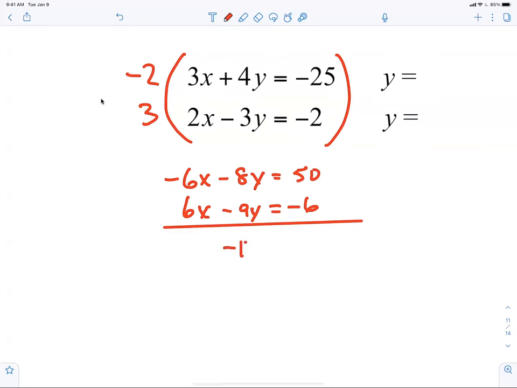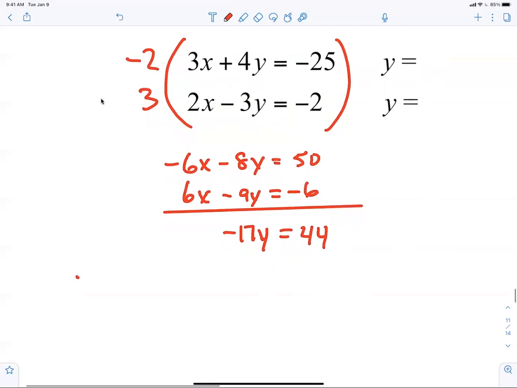Anybody else get that? -17y equals 44, and so now I have y equal to -44 over 17. Is everybody with me on that?